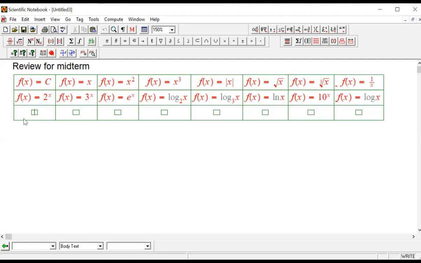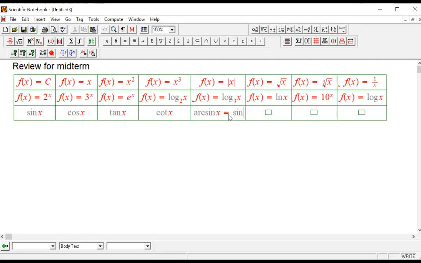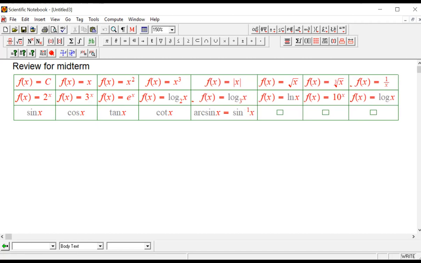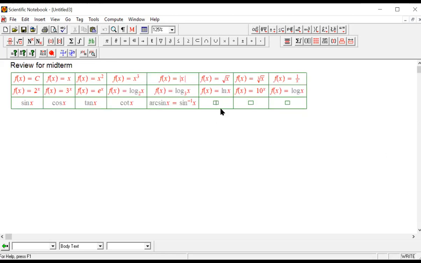And the next will be sine x, cosine x, tangent x, cotangent x. Arc sine, we sometimes use this notation. And arc cosine, which we use this notation, also read the same.